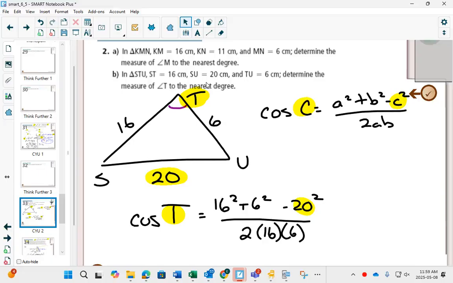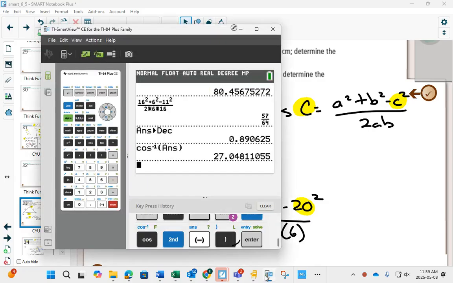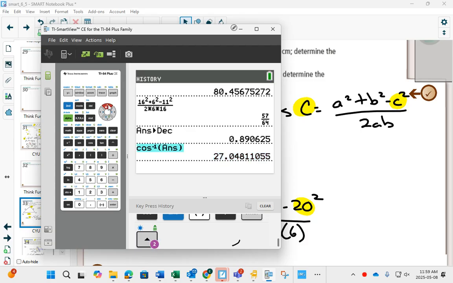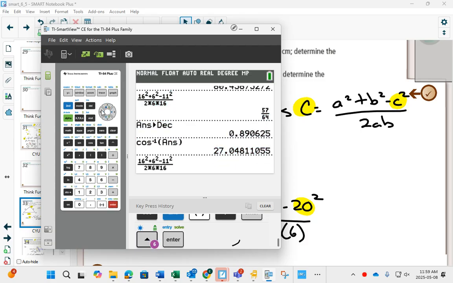So why would they do almost the exact same question? Well, something interesting is going to happen in the next step. So I'm going to type this into my calculator. There we go. I'm going to highlight this from before because now instead of minus 11, everything else is the same, except now it's minus 20.